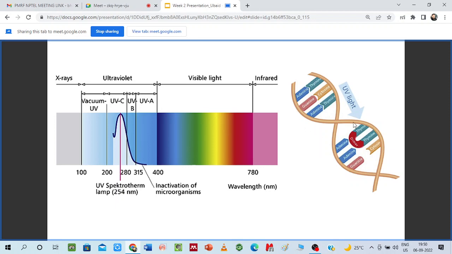Usually this UV light forms thymidine dimers. These thymidines dimerize, and the bonds between the two strands are broken down, and it will ultimately damage the DNA.